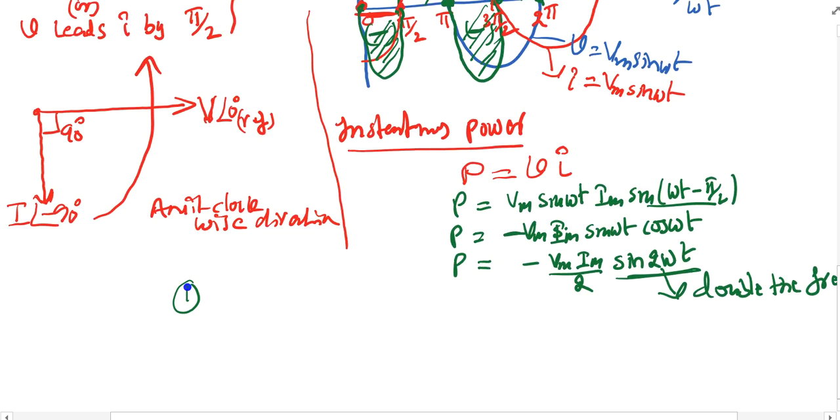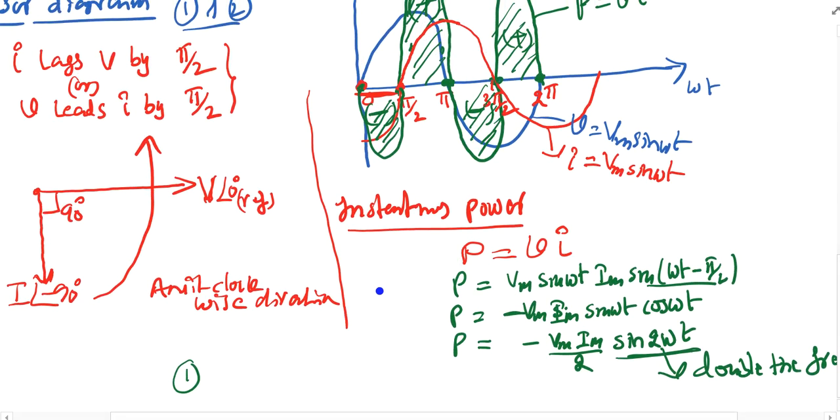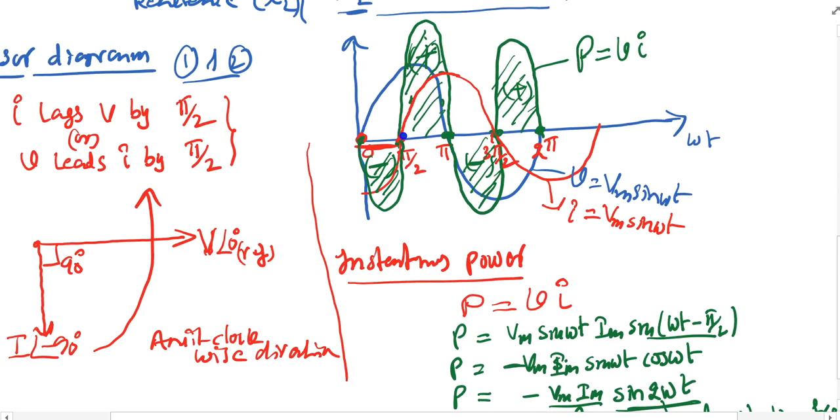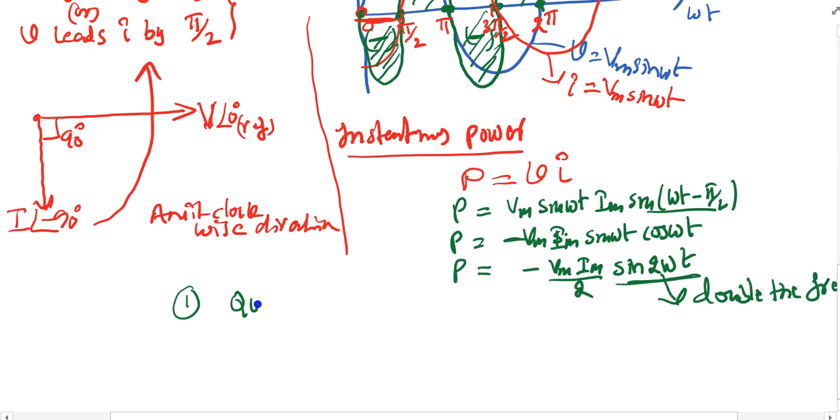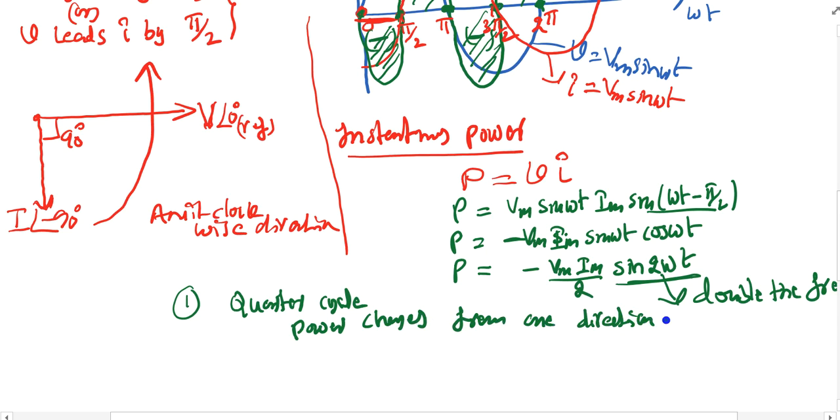One more point we observed here is that this is a quarter cycle of the instantaneous power, and this is another cycle of the instantaneous power. For every quarter cycle, the instantaneous power changes from one direction to another direction.